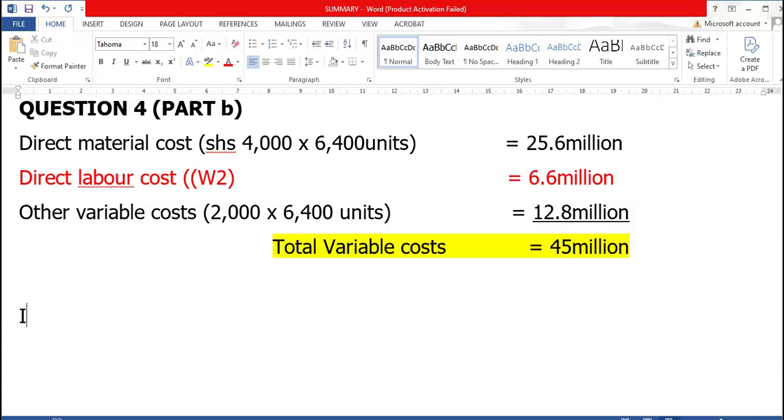Or you can look at this. Of course, once you know that, it means that here it will be initial. What was your initial labor costs? Your initial labor costs were shillings 8.5 million.